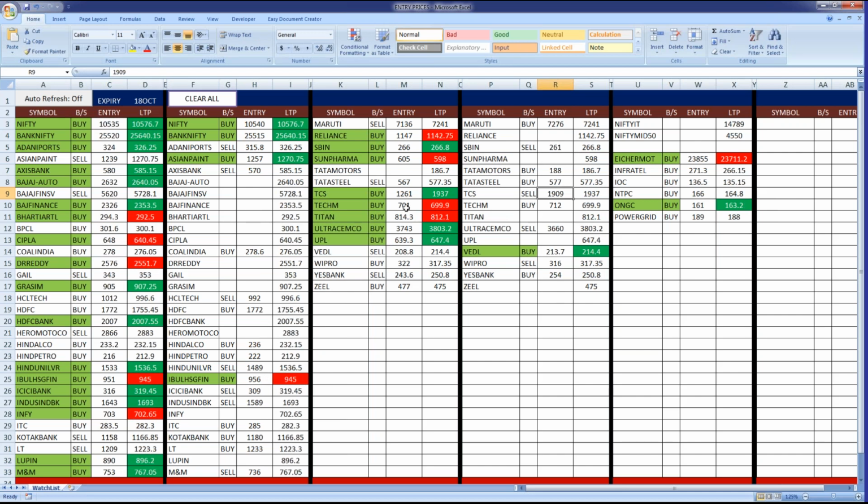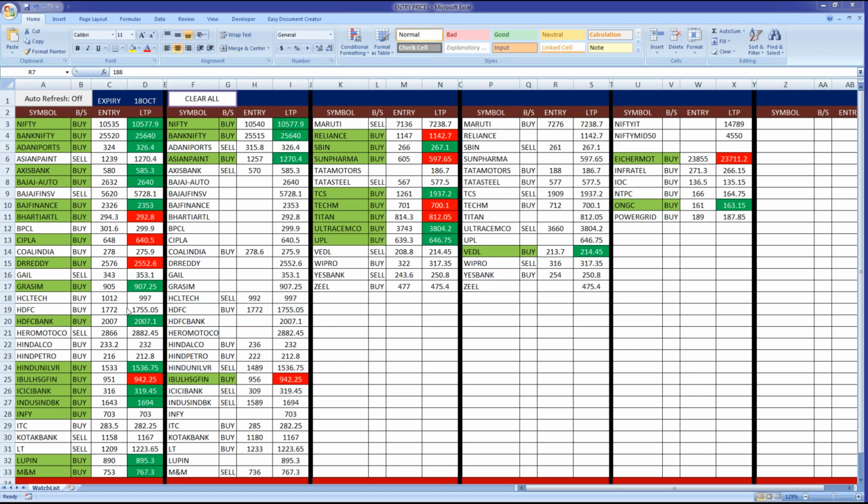I have a call in Tata Motors. So 188, I've already typed it here. Vedanta is already a buy.